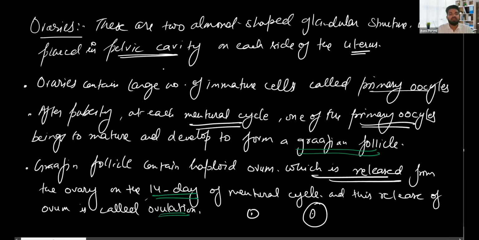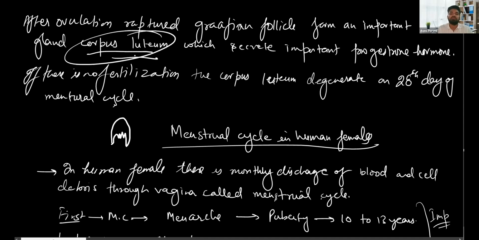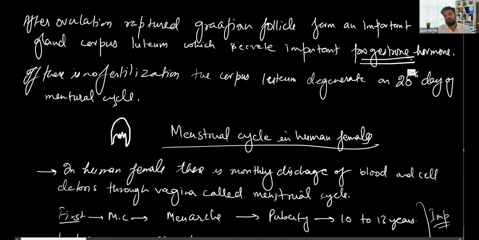So let's start studying. After ovulation, the ruptured Graafian follicle, from which the ovum is released, becomes an important endocrine gland. We call it the corpus luteum, which secretes the important hormone progesterone.